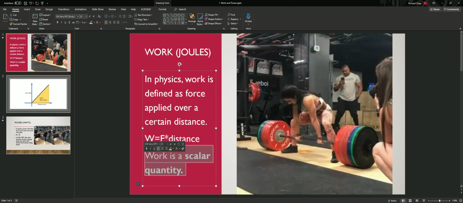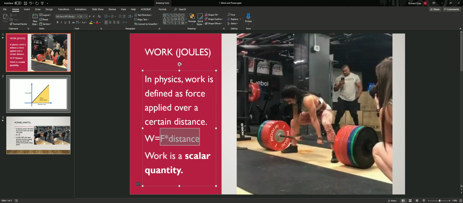Work is a scalar quantity. It has no direction. Sure, force is a vector, but in college we call this a dot product, and that's why it's a scalar quantity.